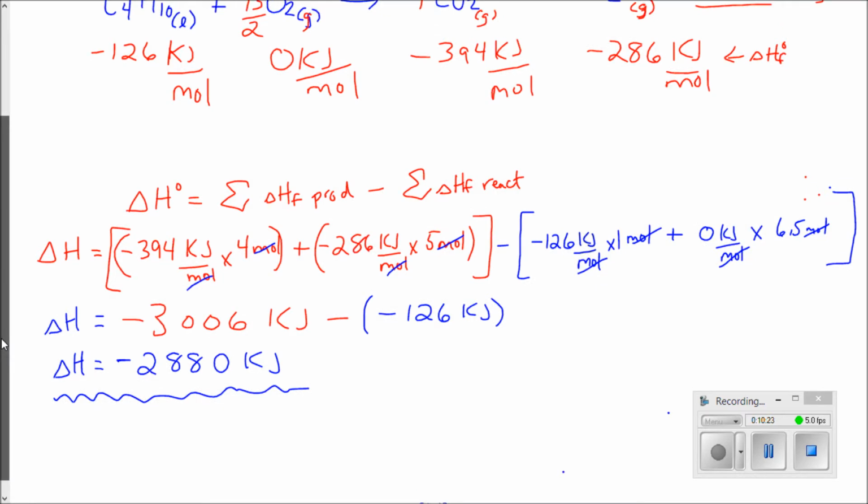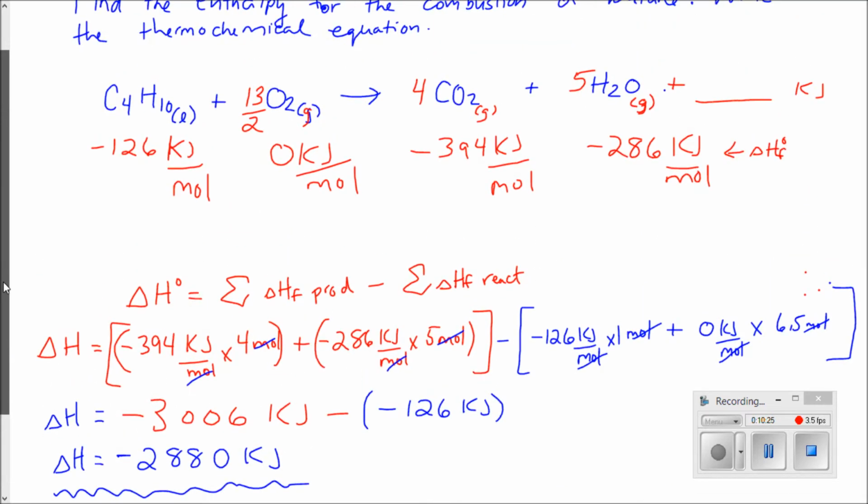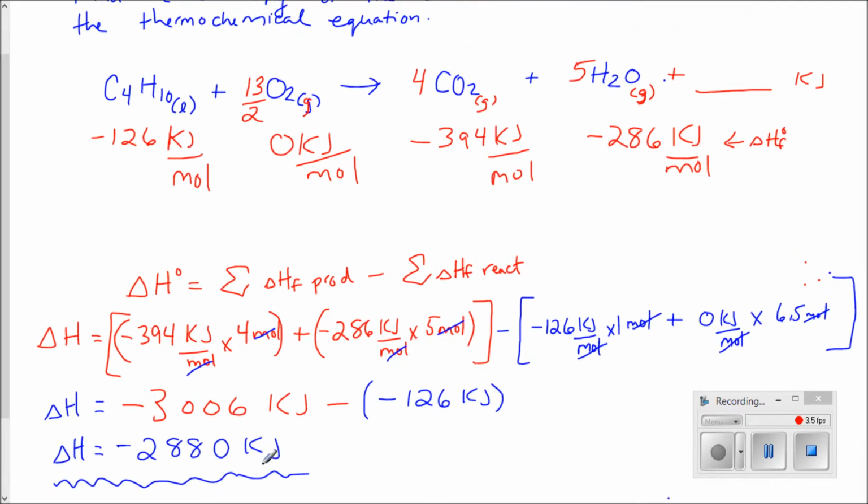If we take a look, that's the enthalpy for this reaction. Since we put all our coefficients 1, 6.5, 4, and 5 into this equation, we end up getting this amount of enthalpy for it. And notice how I have a negative, so therefore I know it's exothermic. If I want to include it in the thermochemical equation, I turn it to a positive, make it on the product side, and that's the answer, folks.